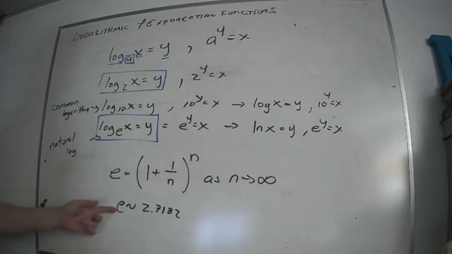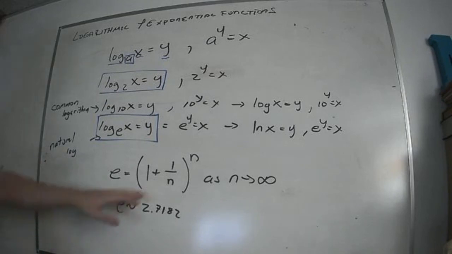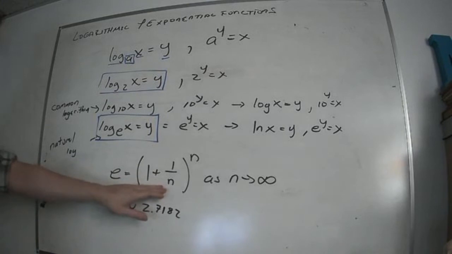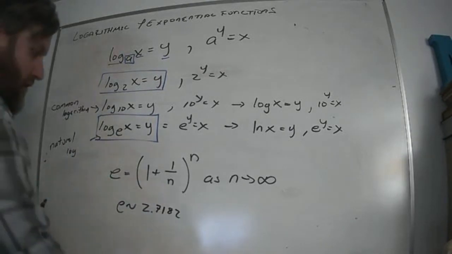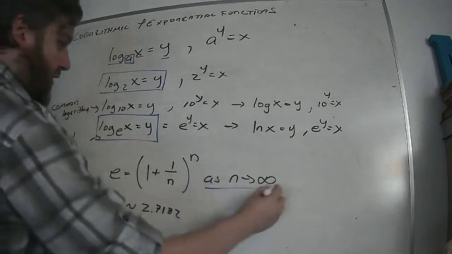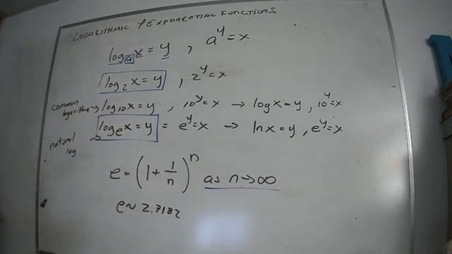Now, Euler gave it the character e because e is the first letter in the word exponential, and we often call this the exponential function. So rather than saying an exponential function, if we say the exponential function, we mean this function here, which has this value. This part here, as n goes to infinity, will be the first thing you encounter in calculus.